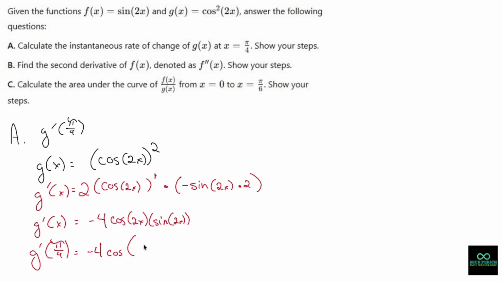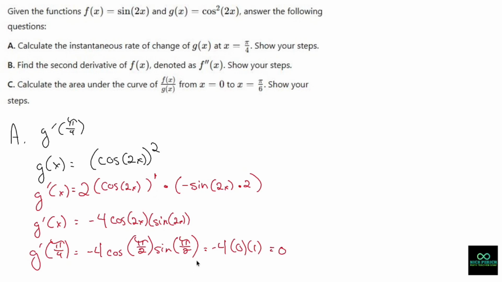Now, 2 times pi over 4 is pi over 2, okay? And sine 2 times pi over 4 is also pi over 2. Cosine of pi over 2 is the same as cosine of 90 degrees, which is a big fat nothing. And sine of pi over 2 is going to be, well, who cares, because all of this is just going to be 0.